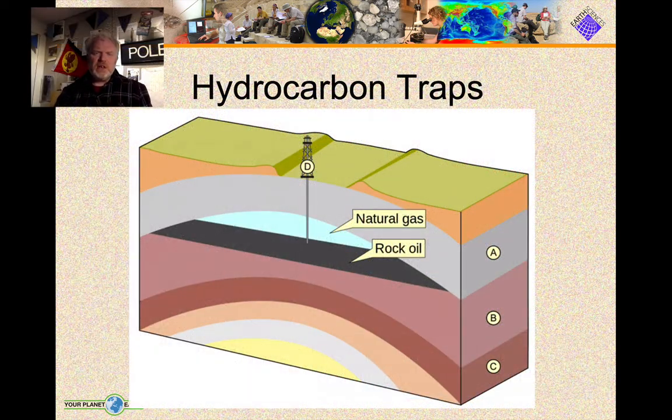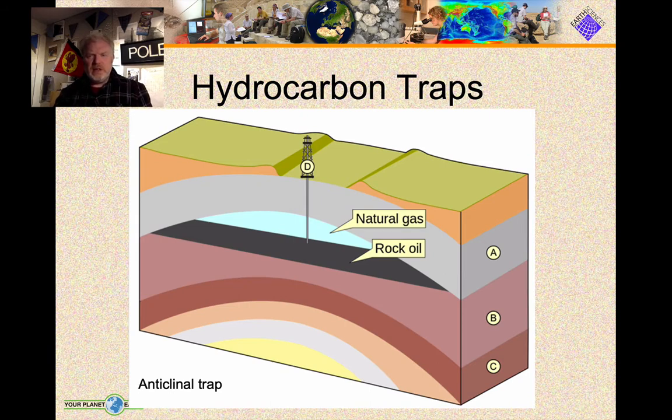There are several different types of hydrocarbon trap. These are structures that allow hydrocarbons to accumulate. This is the simplest of them, what we call an anticlinal trap.